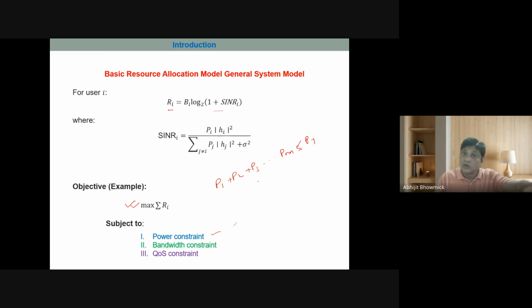There is a bandwidth constraint, because you have to allocate bandwidth so that they achieve their minimum required data rate, and at the same time we have to maintain the QoS constraint, maybe in terms of SNR. Okay, so this is how we formulate a problem to address this allocation strategy.